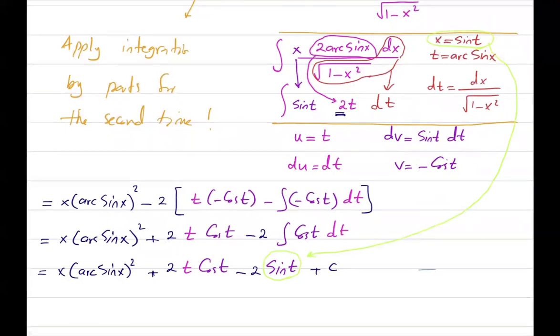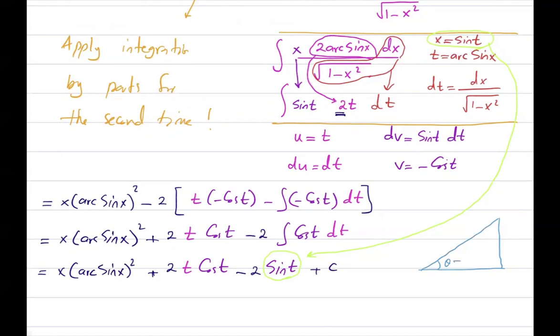Remember, when you have a right triangle and an angle like theta, based on the definition of sine t or sine theta, which is equal to x, you can decide the values on each side.